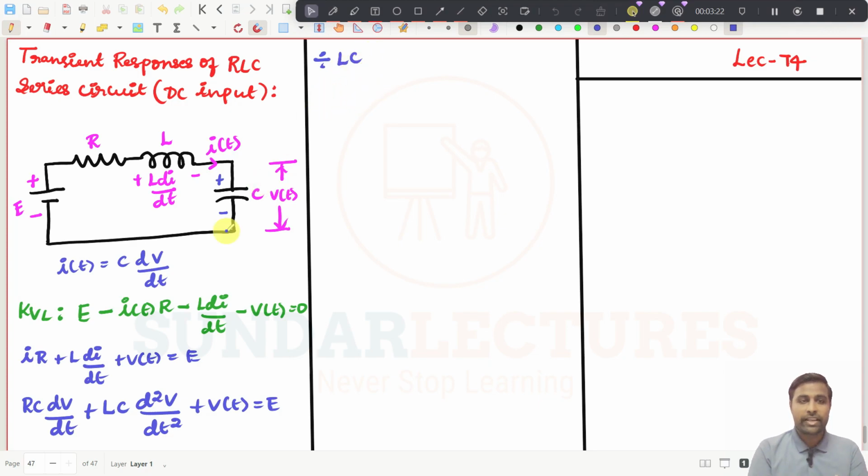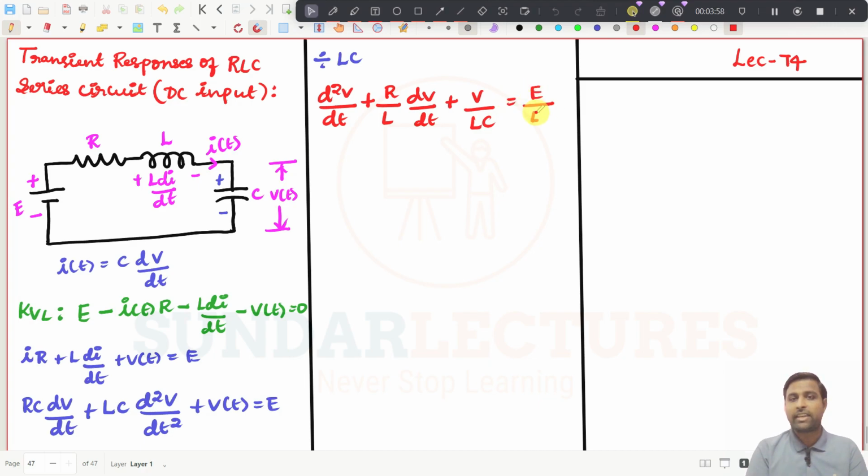Divided by LC, what you will get, I will write this expression in a different color: d square V divided by dt square, LC cancelled out, plus RC divided by LC, so C will cancel, leaving R by L, dV divided by dt, and then plus V of t divided by LC, which is equal to E divided by LC.